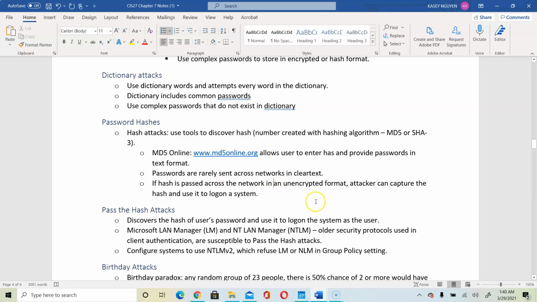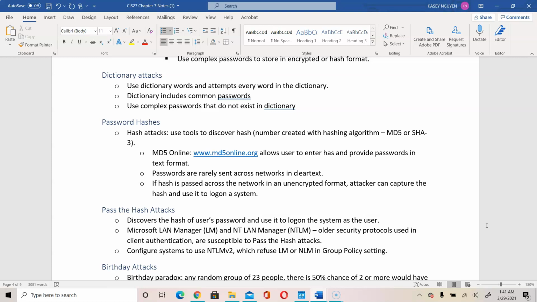A pass the hash attack is when they discover the hash from the user's password and use it to log into the system as the user. So they would impersonate that user. The older security protocols, such as Microsoft LAN Manager, LM, or NTLM, are susceptible to pass the hash attack.